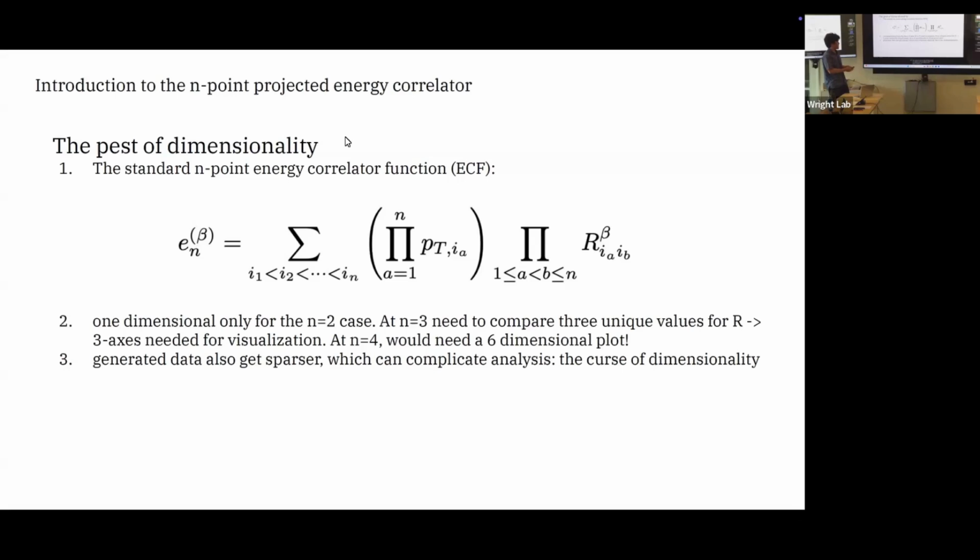And I mentioned that it scales like n choose 2. So if we were to use this standard definition, once we go to n equals 4, we would actually need a 6-dimensional plot. And also there's this thing with data where as you go into higher dimensional space, you get sparsity in your data, which in terms of practical considerations makes it difficult to do analysis.